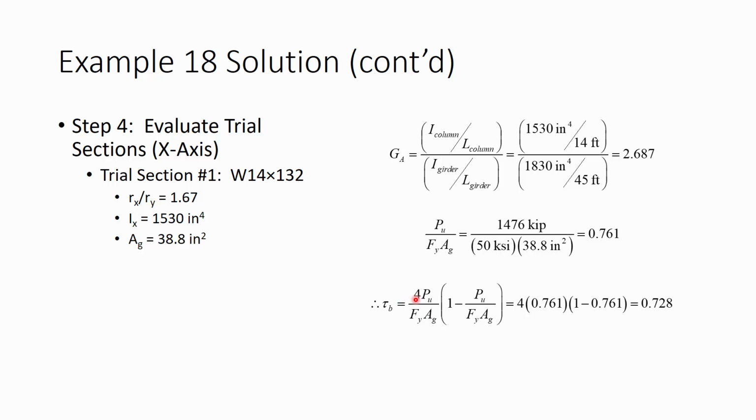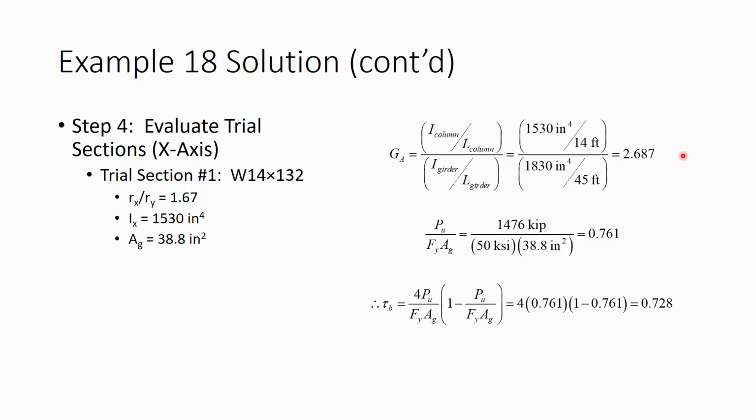So it's 4 times 0.761 times the quantity 1 minus that. It makes this calculation a lot easier if you just use the value that you've already computed in the previous step. So that comes out to be about 0.73.